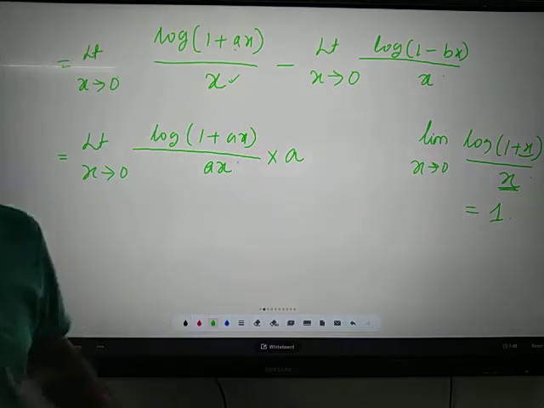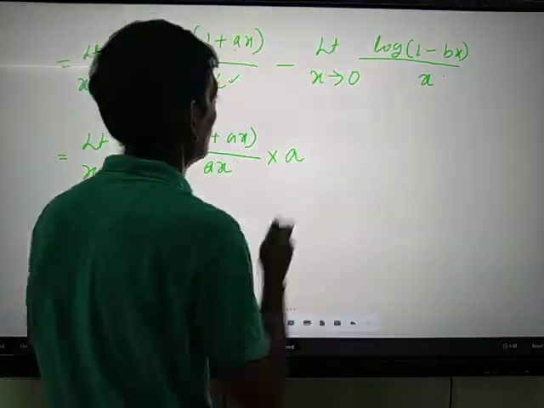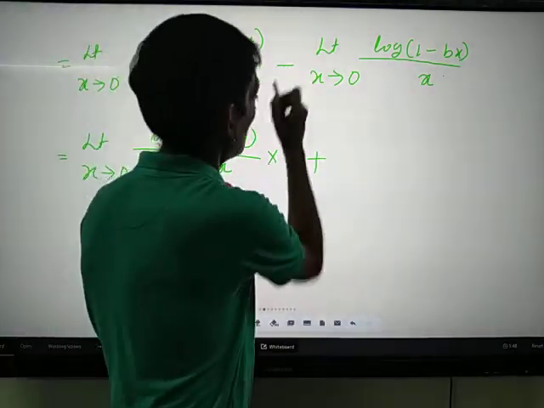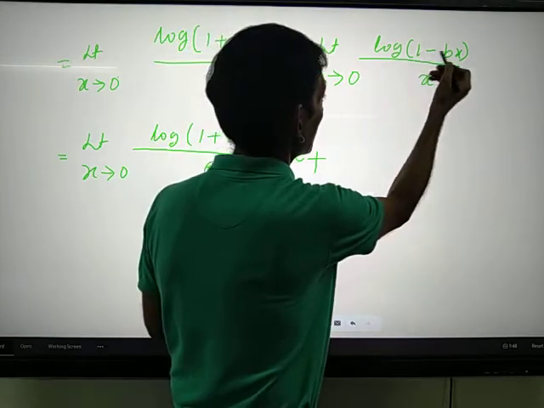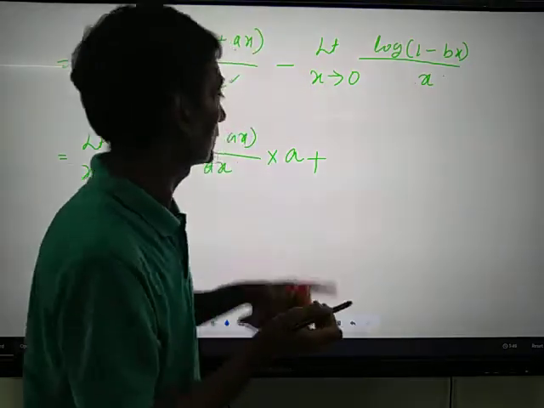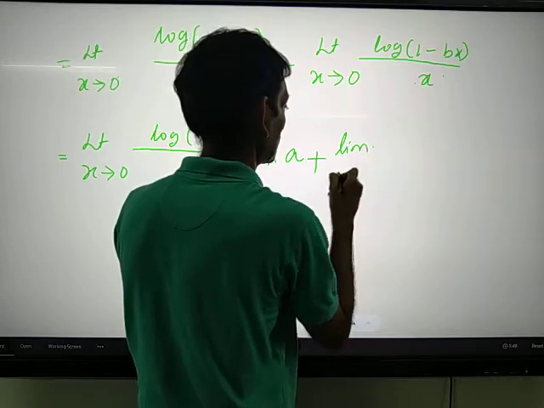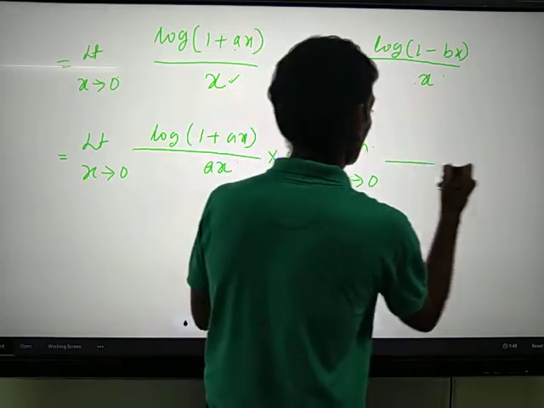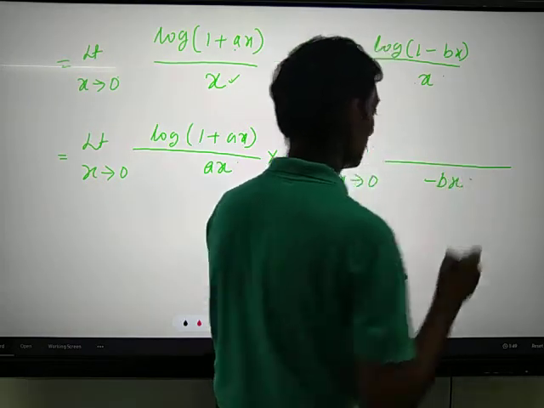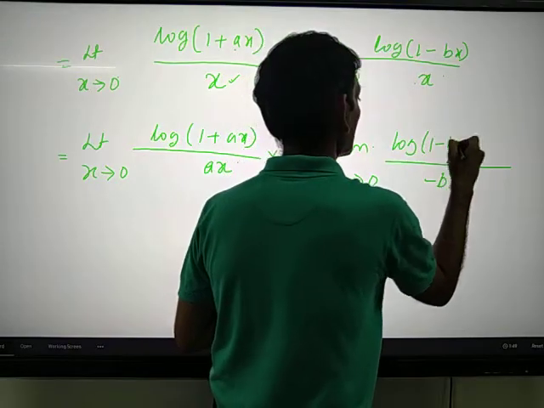Now the second term, with this minus sign: we make it plus, because here the x term is minus bx, so we need a minus sign inside, and we write that minus with bx, so it's log(1 minus bx).